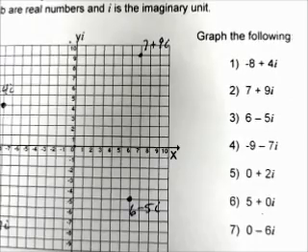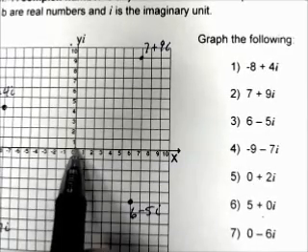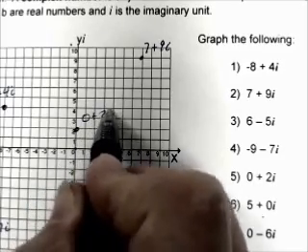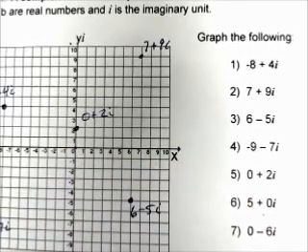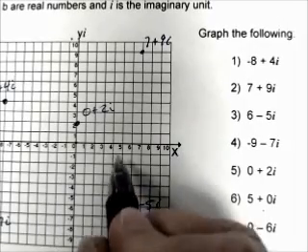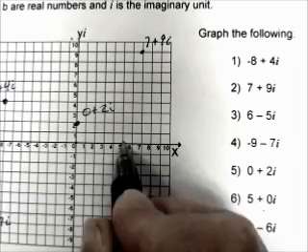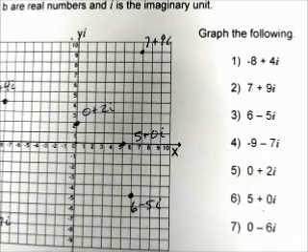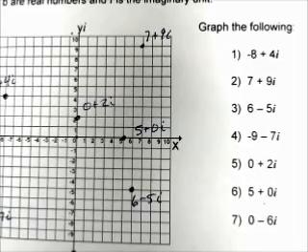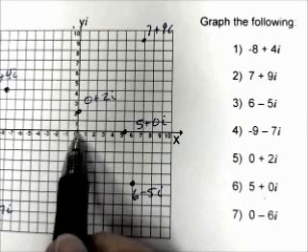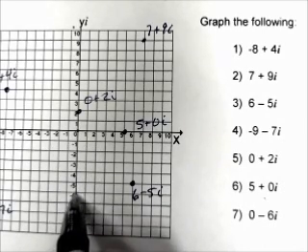Zero plus 2i, that would be 0 on the x-axis, and then up to positive 2i on the y. 5 plus 0i would be just the real number 5. Number 7, 0 minus 6i. So 0, real number part, and then down to negative 6i.